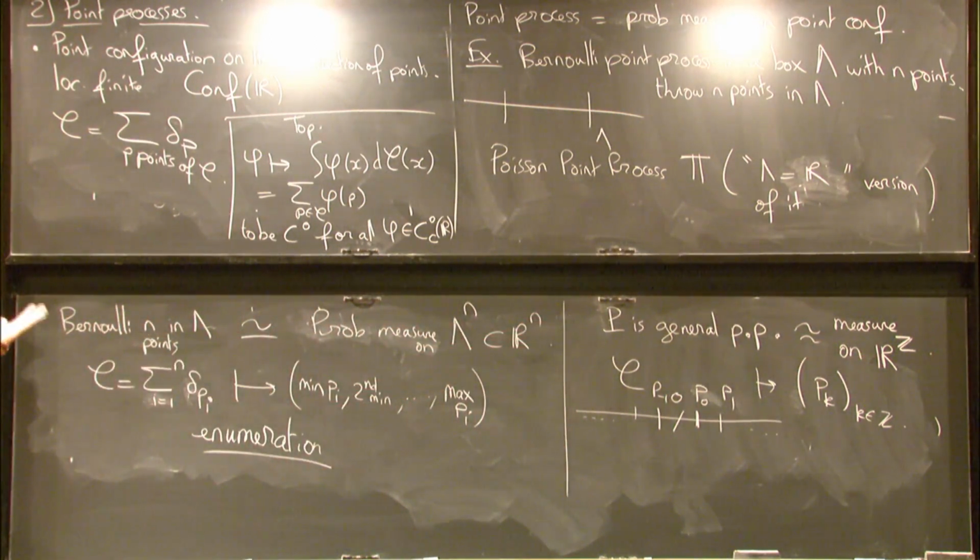And the optimal transportation setup that I defined earlier works for R to the little n for any n. It's a natural question to ask: can you define a similar theory on R to the Z? So it's infinite dimensional, but countable.